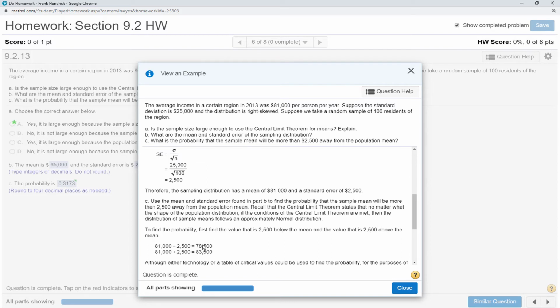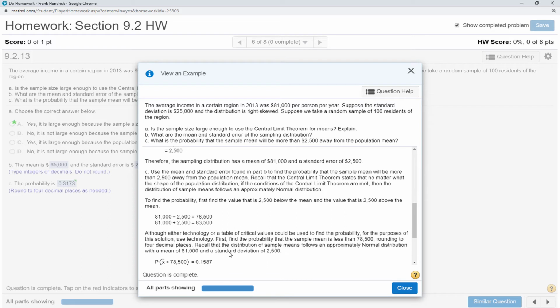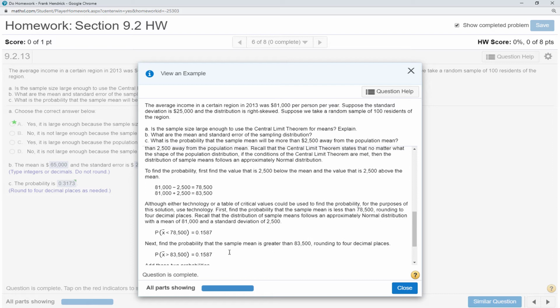So it could be 78,500 below or 83,500 above.